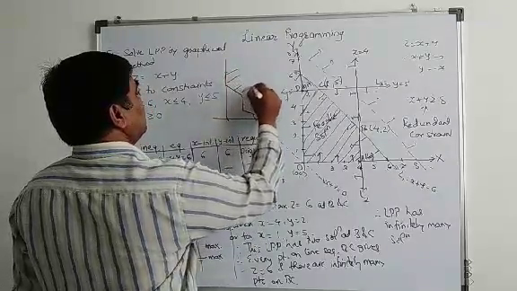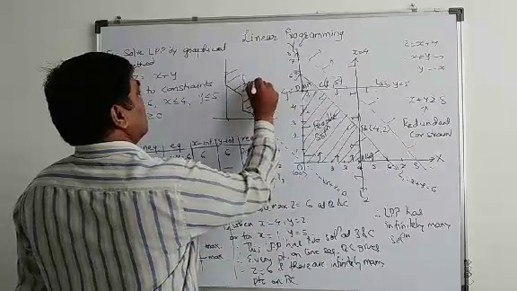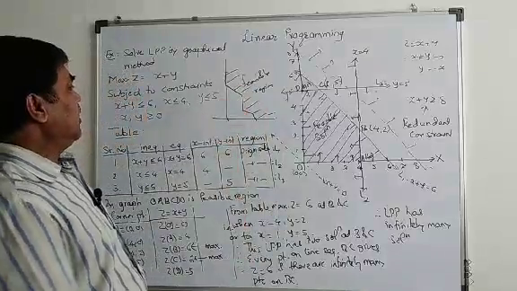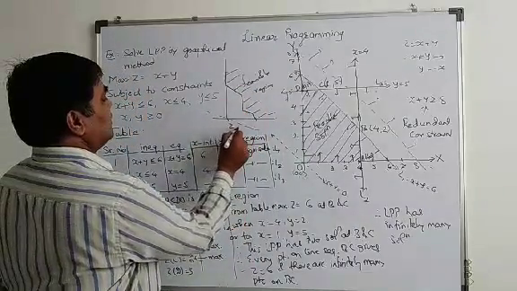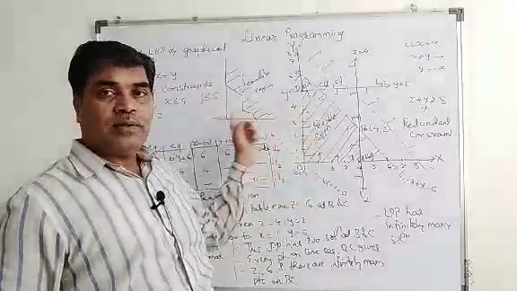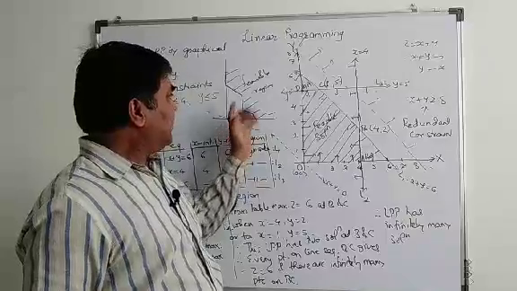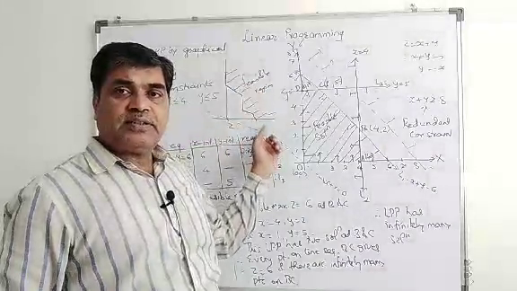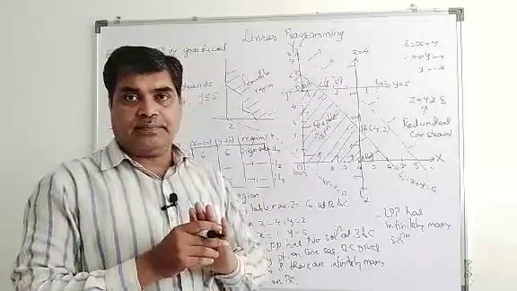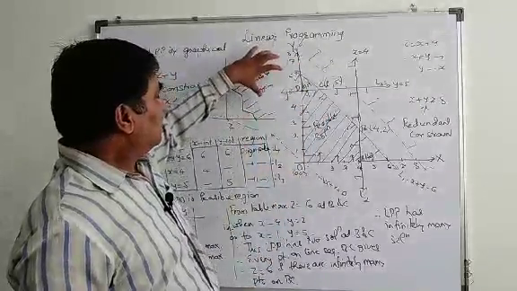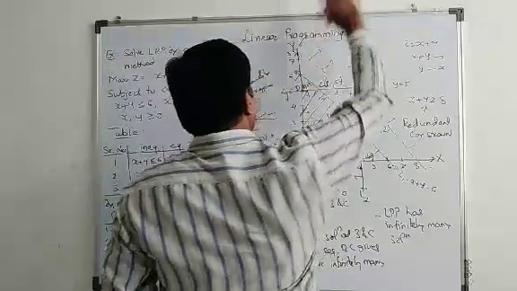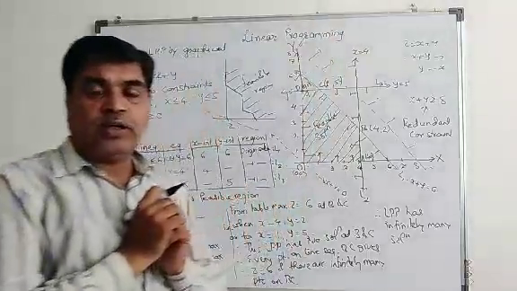Now in some examples, it may happen that we get corner points of a feasible region, and your feasible region is on this side. And the z line is this. If I pull this line in the feasible region, it does not touch any point at the end, as no such point arises here. As I pull this line in the feasible region, the value of z goes on increasing.